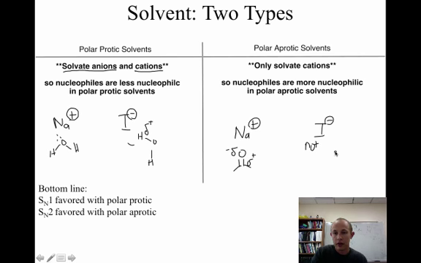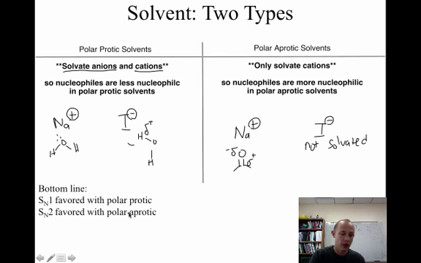They're not solvated, which means that they're more available to react. So nucleophiles are more nucleophilic in polar aprotic solvents because they're not solvated. Nucleophiles are less nucleophilic in polar protic solvents because they are solvated. So that means for an SN2 reaction, a polar aprotic solvent is favored.